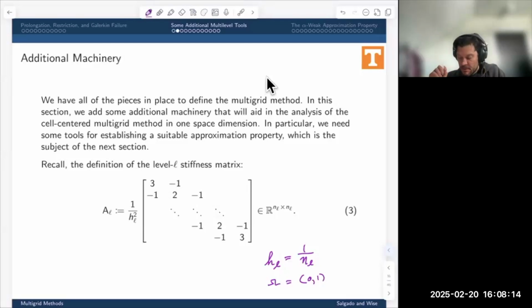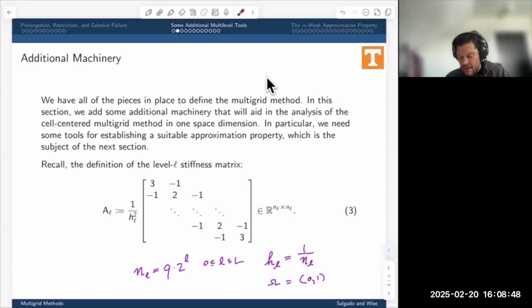NL is just some number. Typically we said it's even, and it's given by the formula NL is equal to Q times 2 to the L power for L between 0 and some capital L, where capital L represents for us the finest grid. So that specifies everything that we need for our one-dimensional finite difference cell-centered problem.